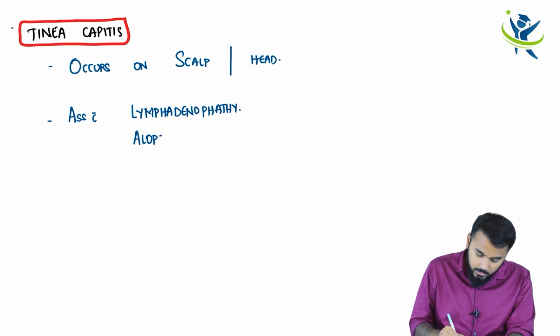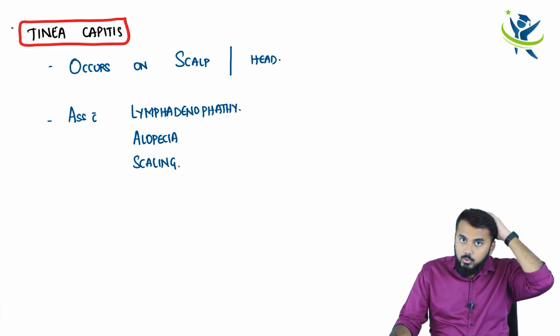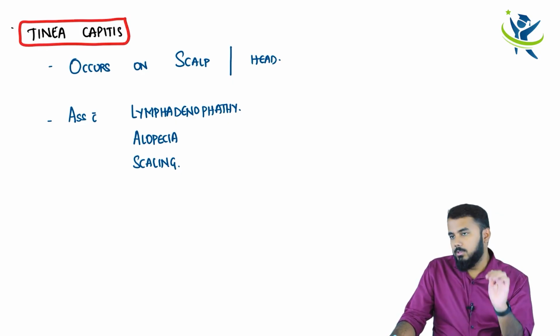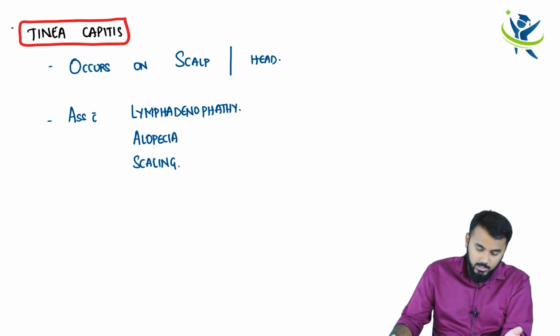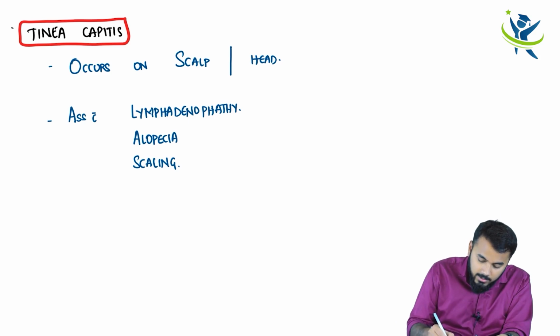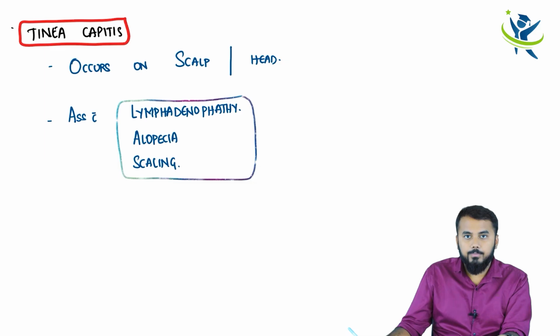Apart from alopecia, there will also be scaling. So these are the three important things you would see in the patient, right?